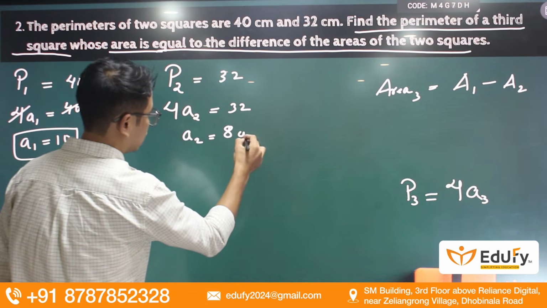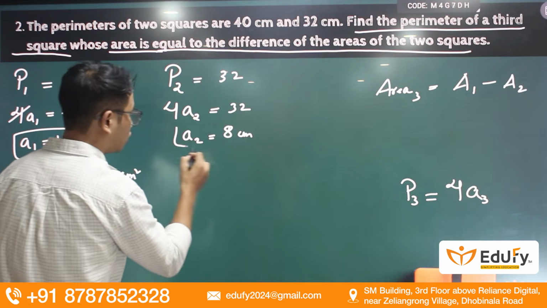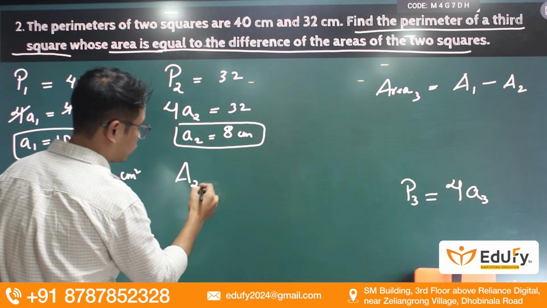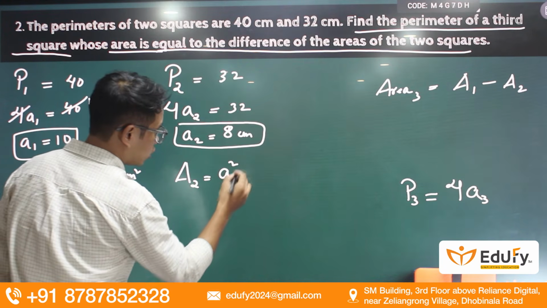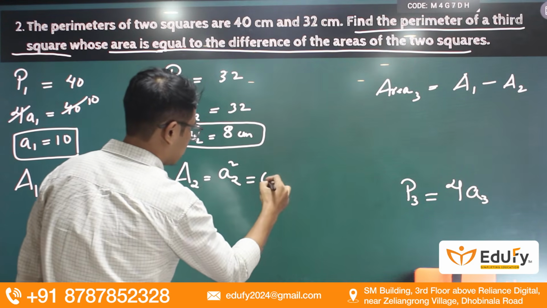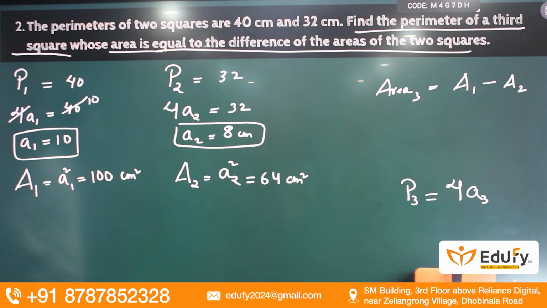So this is 8 centimeter. Once we got our side, we can find out the area of the second square, which will be a squared again. This is a2 squared, and this is 8, so this is 64 centimeter squared. The area will be squared. Okay, so that is done.